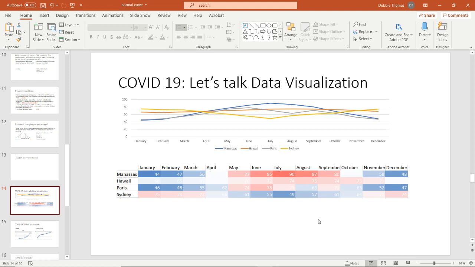So if we look at down here, red means hot, blue means cold. Whoa, dude, Manassas is really hot in July, and Sydney's kind of hot in January and December, right? Pretty much the story becomes more focused, okay? So they are telling you stories when they're giving you graphs.